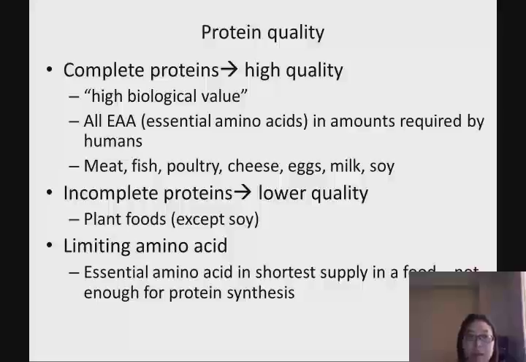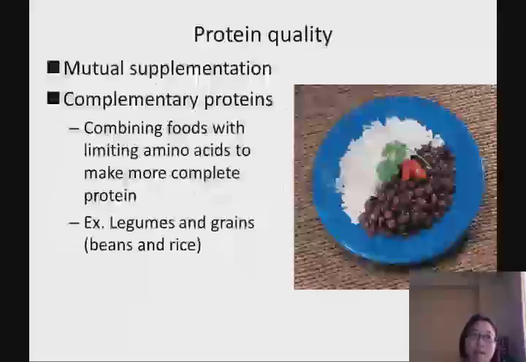Again, we talk about the limiting amino acid. When you have one limiting amino acid, it limits the synthesis of protein, so we call that essential amino acid the limiting amino acid.